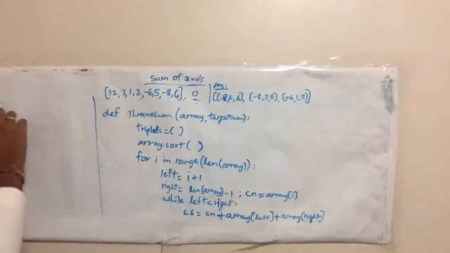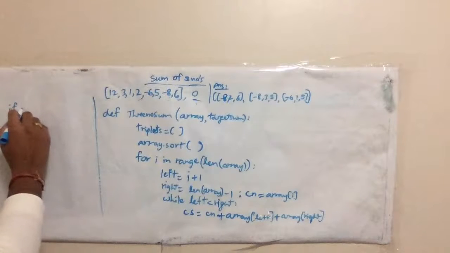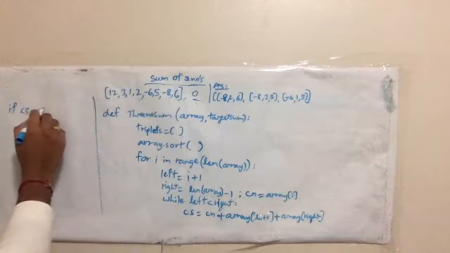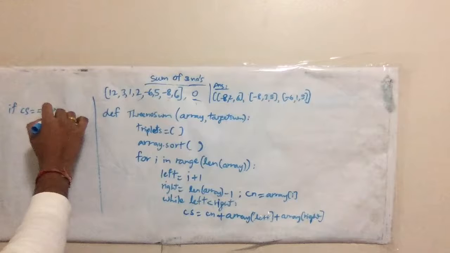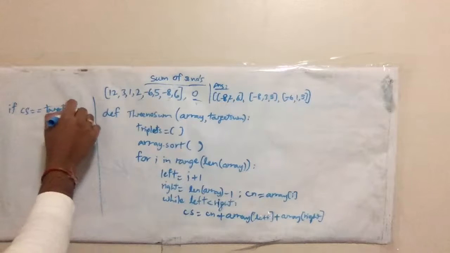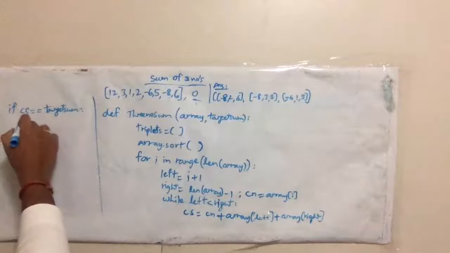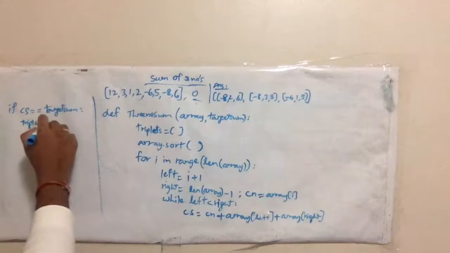So this will be a continuation here. We got the current sum. If current sum is equal to the target sum, we got one triplet already. So just add it to triplets, the triplets list we initialized here.